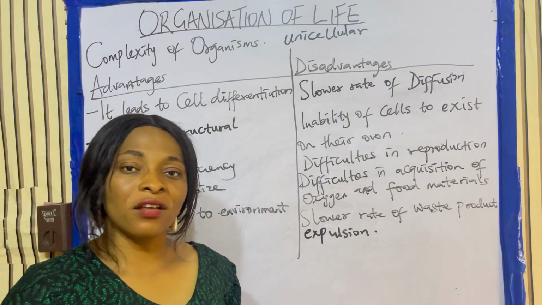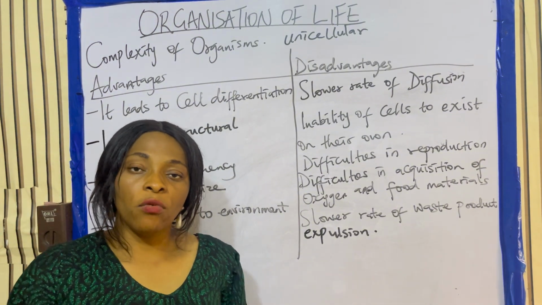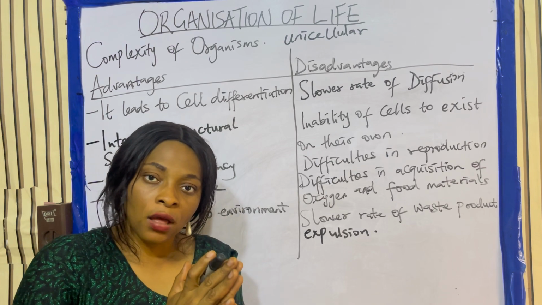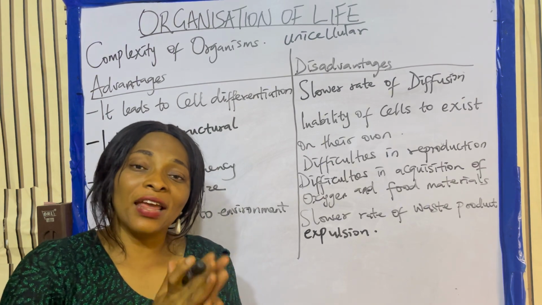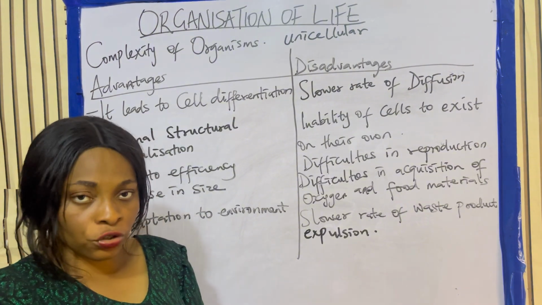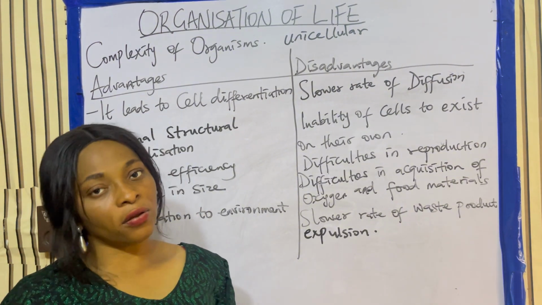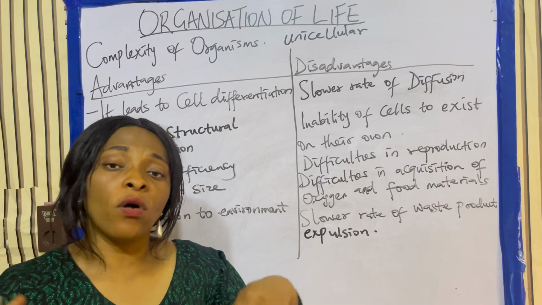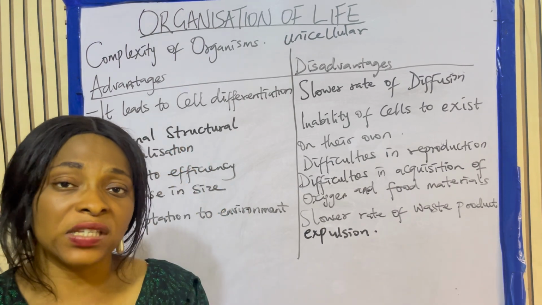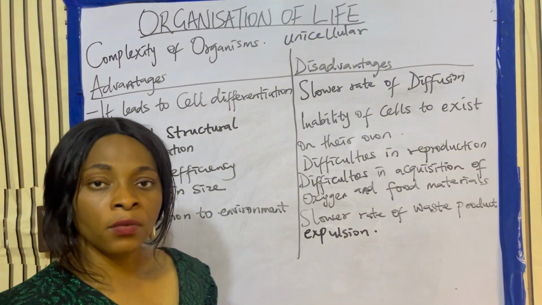In multicellular organisms, cells cannot exist on their own. They must exist in groups, based on their area of specialization. So these cells are responsible for reproduction, these ones for excretion. They can't just exist on their own because the organisms they are working with are what? Multicellular.